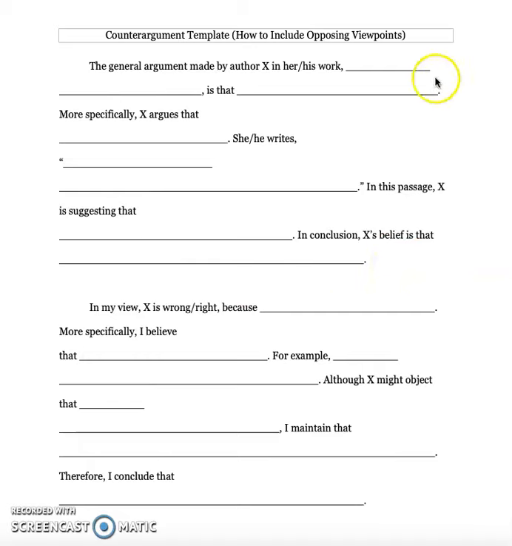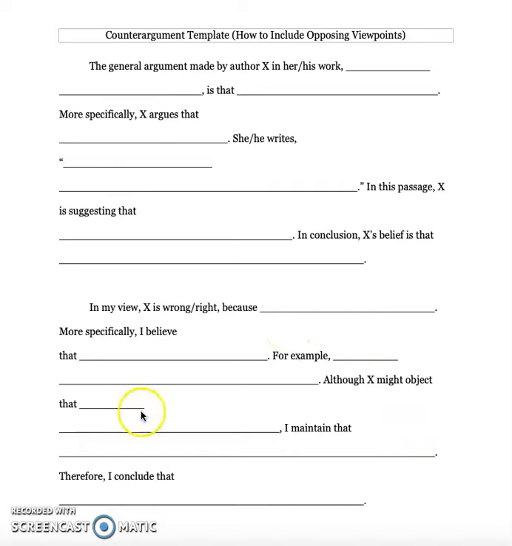All of this paragraph works to simply present the opposing viewpoint in a fair, direct, clear manner, okay? So that if your reader didn't know this point of view before, now they'll understand it. And now my favorite part, the second paragraph that goes with this. This is where you refute, okay?